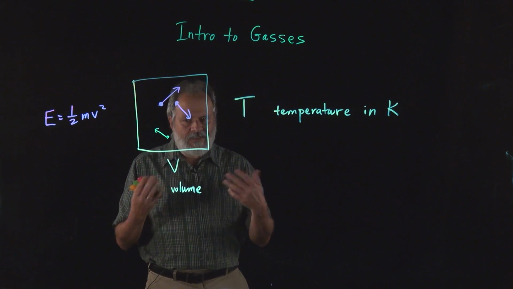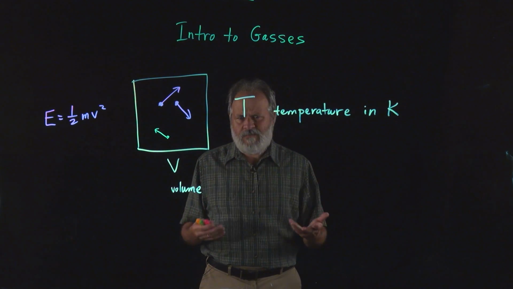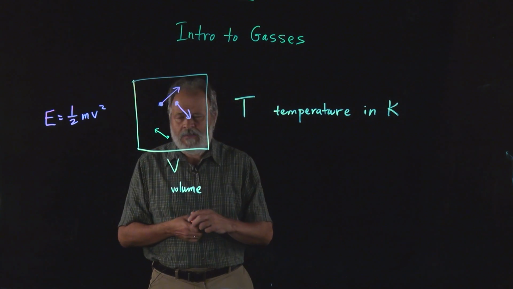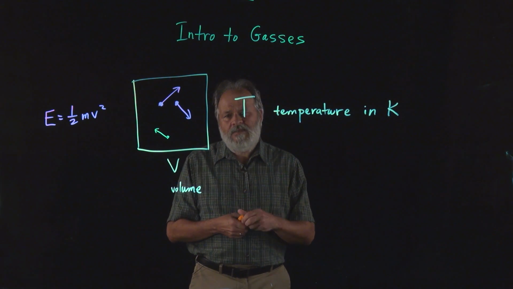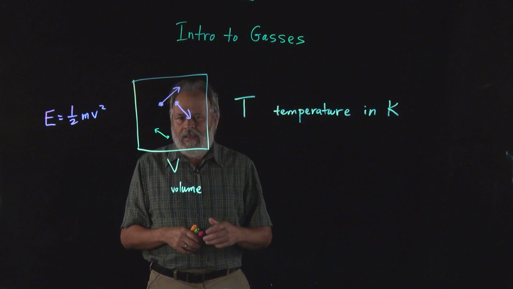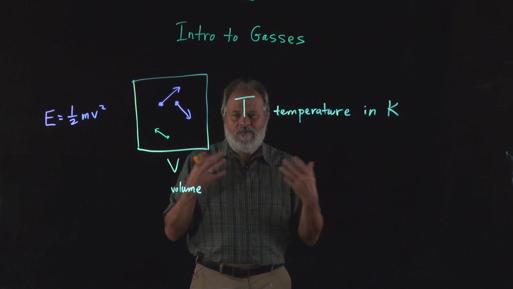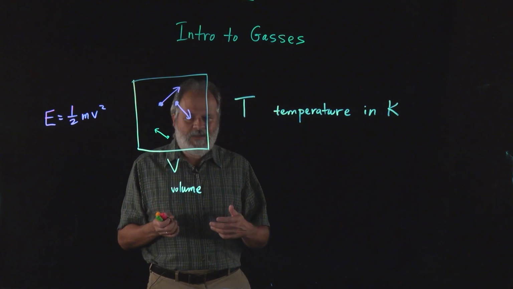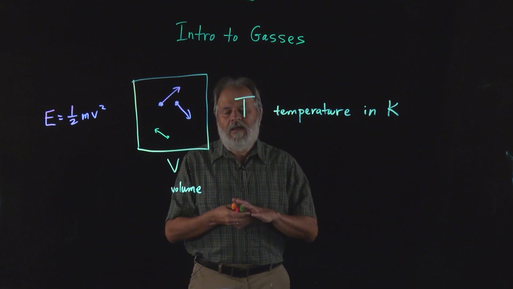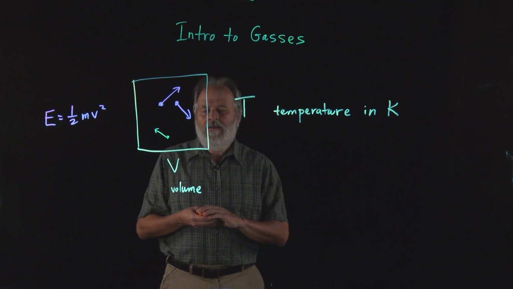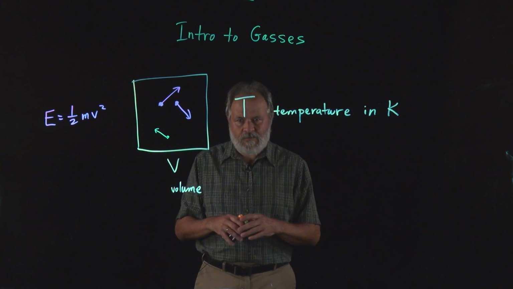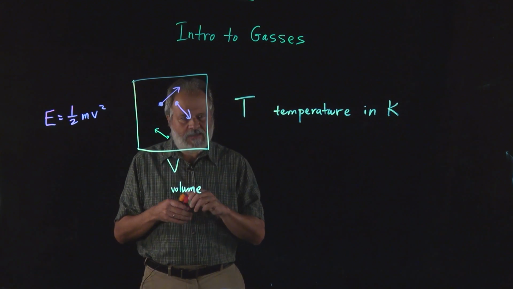On the other side, if you have an extremely heavy gas like sulfur hexafluoride, that has a huge molar mass, then the speed of sound is very slow, and when somebody speaks in a sulfur hexafluoride atmosphere, it's a very low pitch because the speed of sound is related to the speed of the molecules.